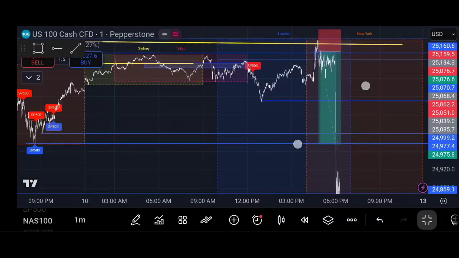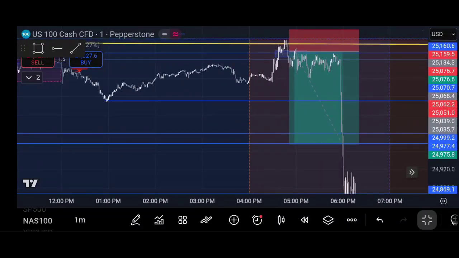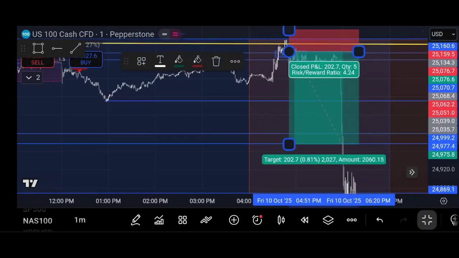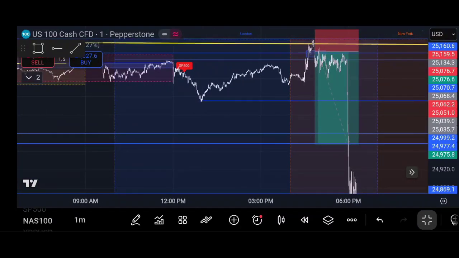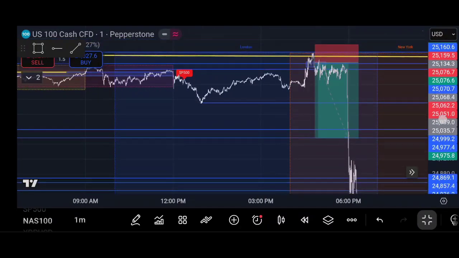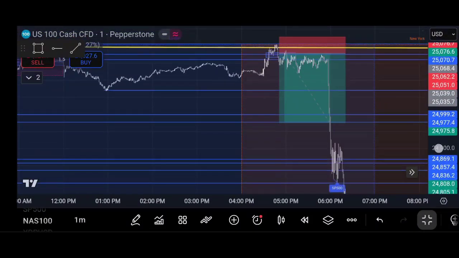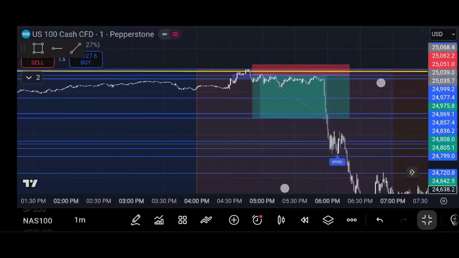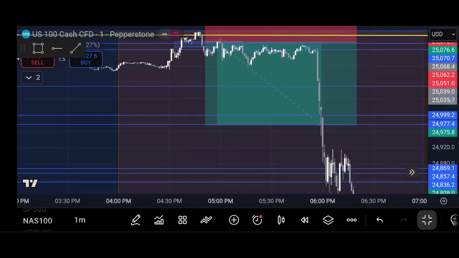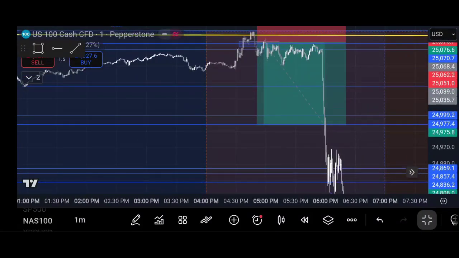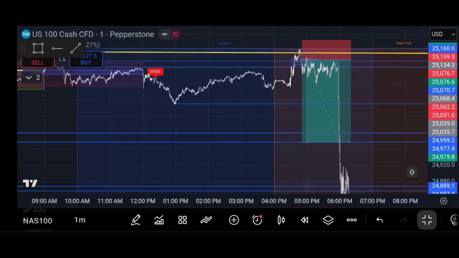These were my TP1 and TP2, and it is around 1 to 4.24 RR. But after smashing our TPs, the price went straight down. It was a crazy trading day. We didn't get stopped out or anything, it was a win day.